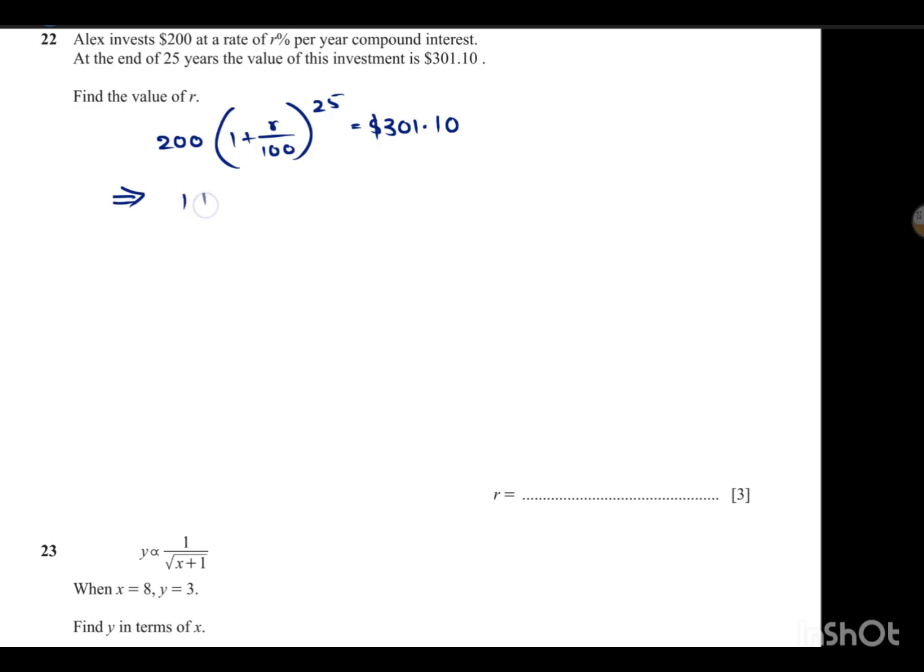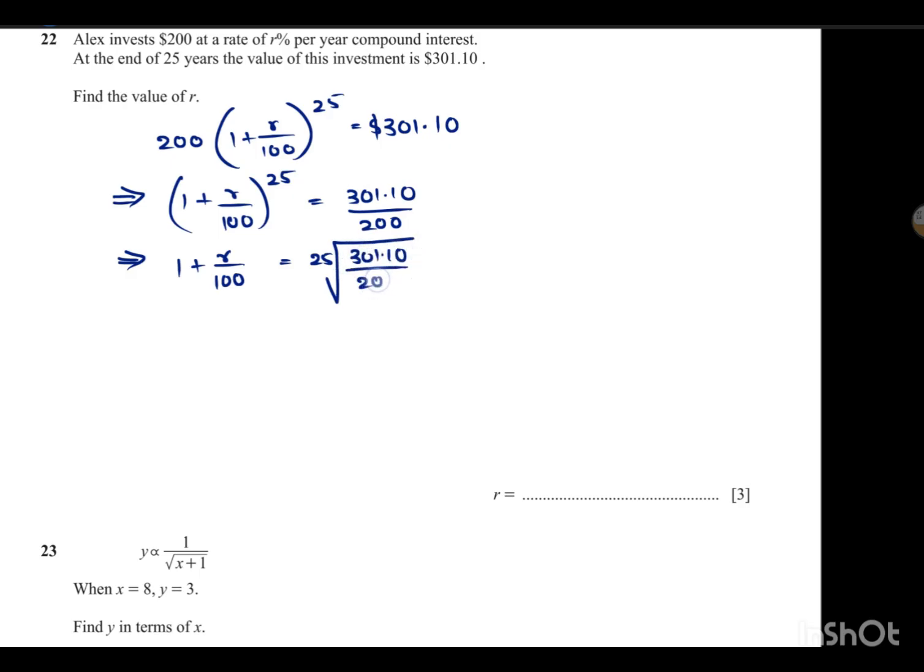One by one, bring all the numbers to the right hand side to get the value of R. Now the power here is 25. So to remove the power, you need to do the 25th root. The 25 power and root will be cancelled. 25th root of 301.10 by 200.